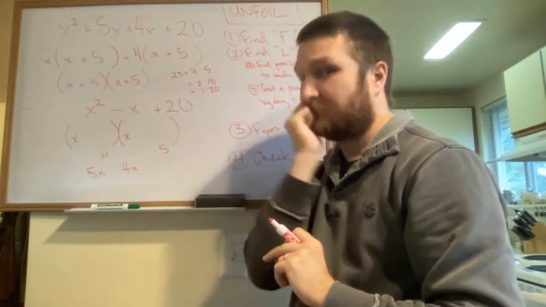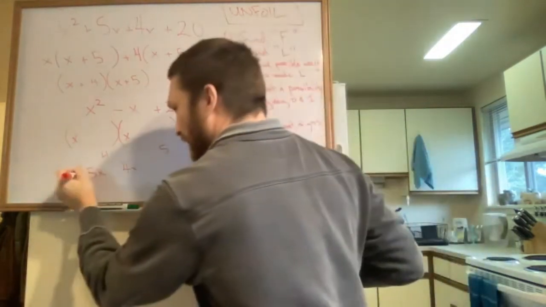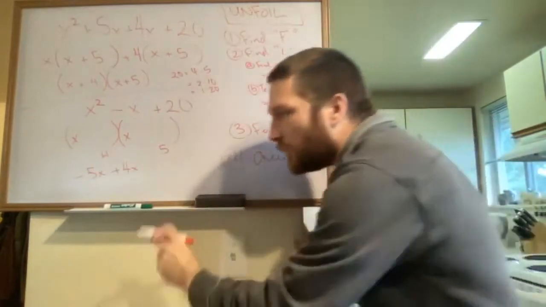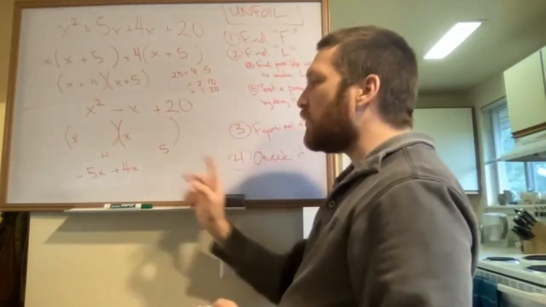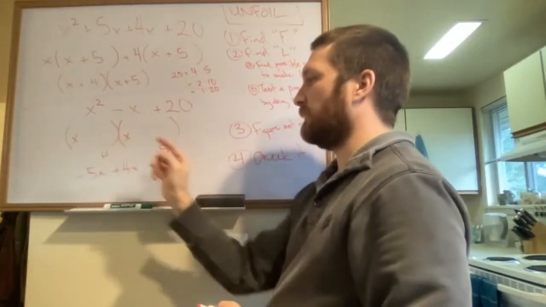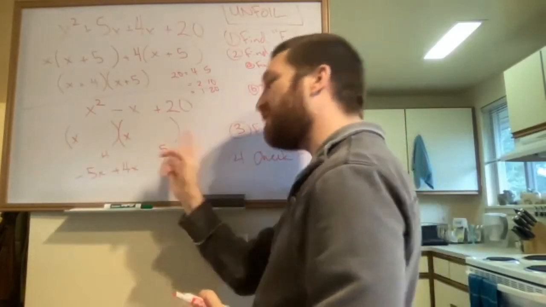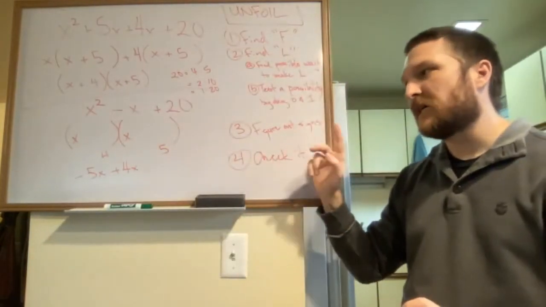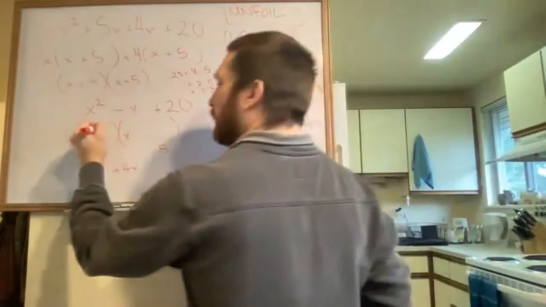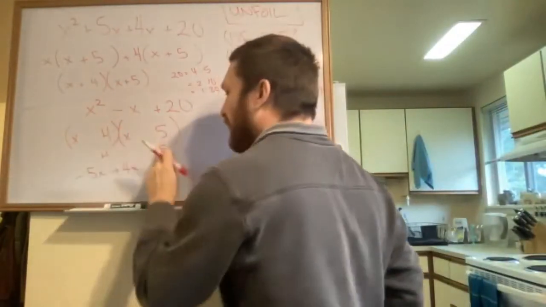Negative 5 plus 4. So that's what we need. Therefore, the negative has to be with which one of these numbers? The 5. And that's what I mean by figuring out signs. I know I'm going to put a 4 here. I know I'm going to put a 5 here.